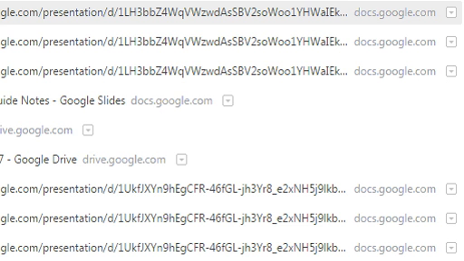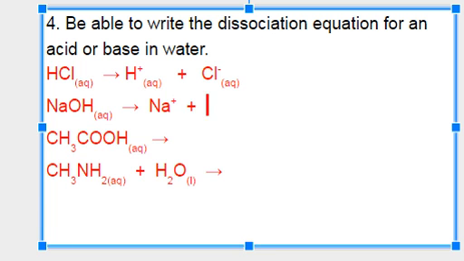So again, my OH minus ion. And these will both be aqueous as well, so I'm just going to do a little cut and paste here. And then my CH3COOH, you should be able to recognize a weak acid that H plus is going to fall off.